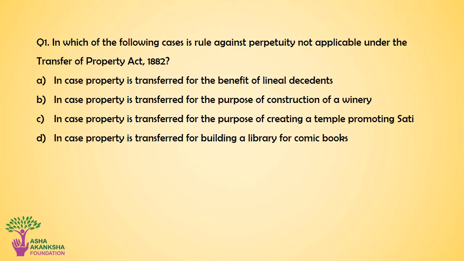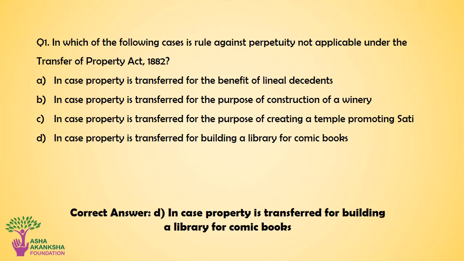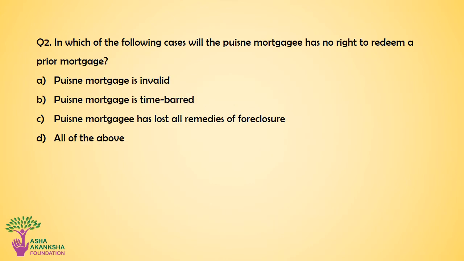Option C. In case property is transferred for the purpose of creating a temple promoting Sati. Or option D. In case property is transferred for building a library for comic books. The correct answer for this question is option D. In case property is transferred for building a library for comic books.